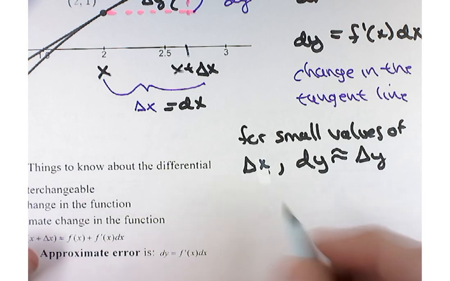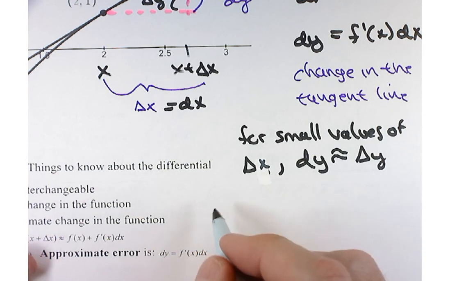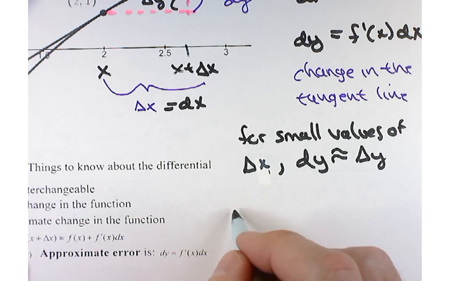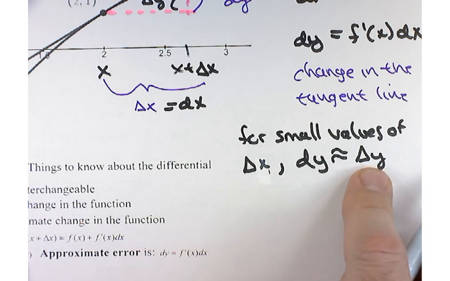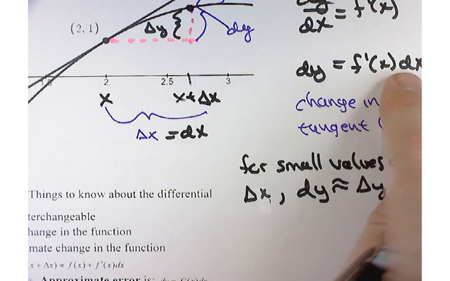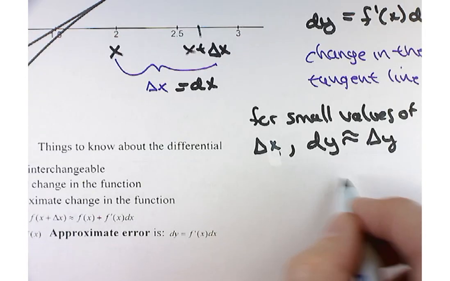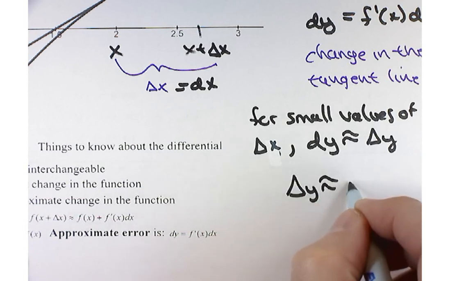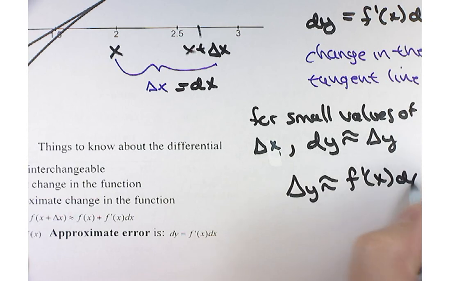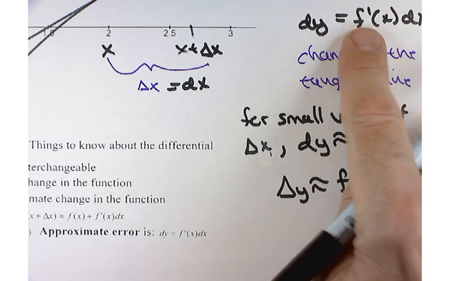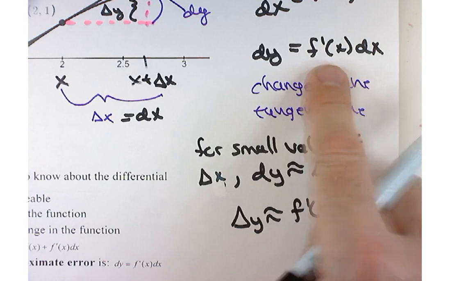And that means that delta y can be approximated by f prime of x times dx. So delta y is approximately f prime of x times dx, because that's what dy is. dy, we just derived it up here, is f prime of x times dx.